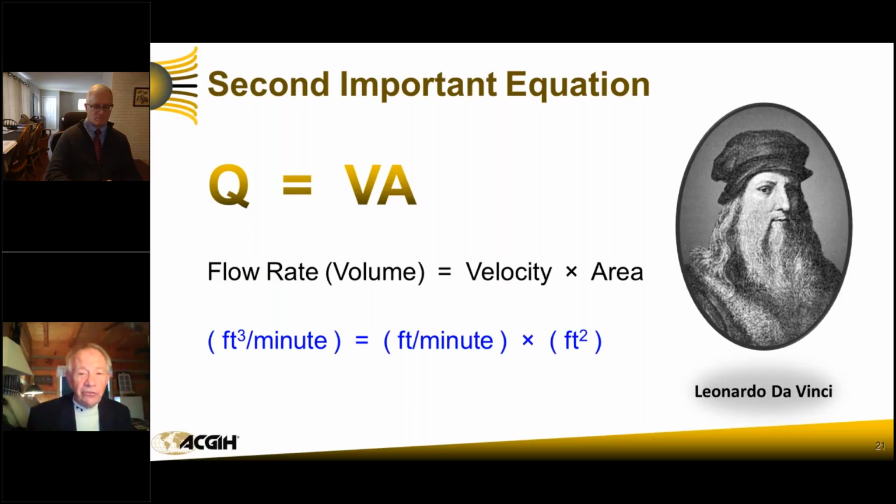He then put a straw in the fluid in the little stream and got a velocity for that, and found out that the volumetric flow rate, Q, and that's what we're going to call it from now on, Q is equal to the velocity through that duct times the area of the duct. That gives us a volumetric flow rate.